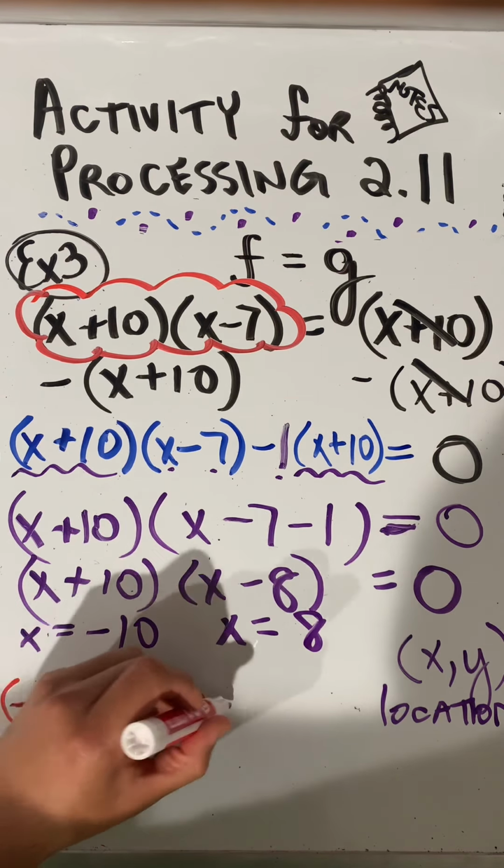All right, so when x equals negative 10, we plug it in. Negative 10 plus 10, that is 0. Negative 10 minus 7, that is negative 17. And then 0 times negative 17, 0. I think I can write that a little smaller and just put my coordinate pair there. So the x value was negative 10, and the output value, which is our y, right there. Put a box around that, and let's move on to the second x value.